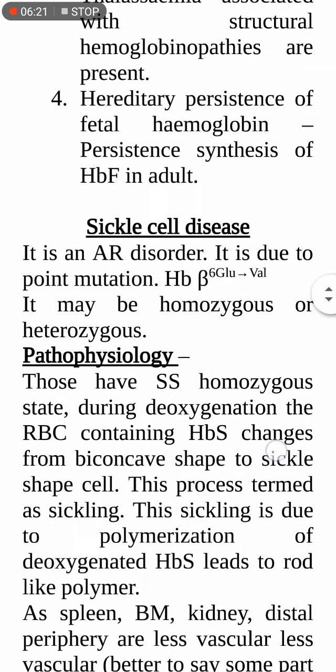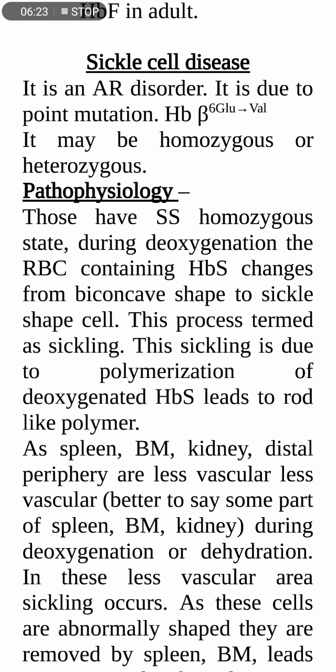When the patient is in the homozygous state, during deoxygenation, the RBC containing hemoglobin S changes from biconcave shape to sickle shape. This process is called sickling.